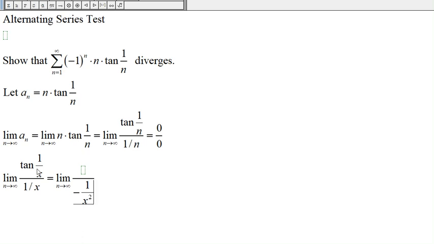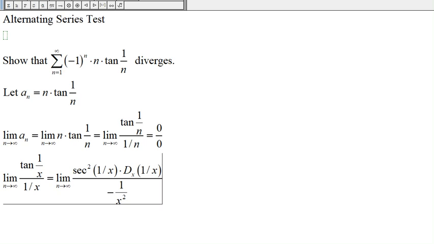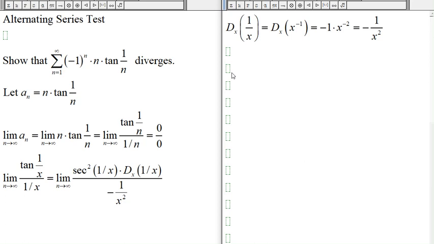And then recall the derivative of the tangent is secant squared. So we have secant squared of 1 over x. And then by the chain rule we have to multiply by the derivative of 1 over x. So we recall the derivative of tangent of x is secant squared of x.